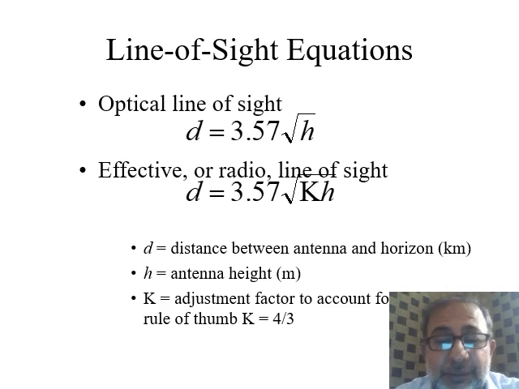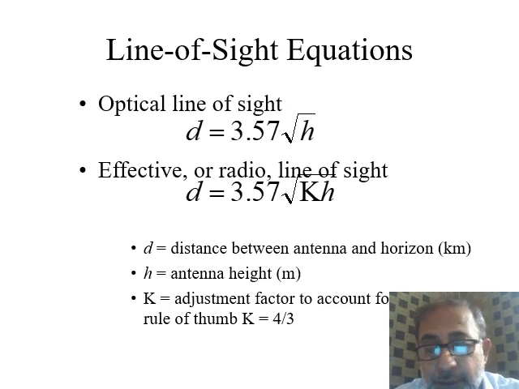As we are not using actual light, and we are using some other frequency of an electromagnetic wave, the actual line of sight is not the optical line of sight.